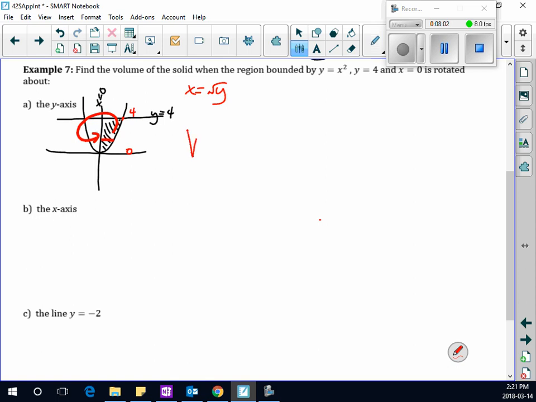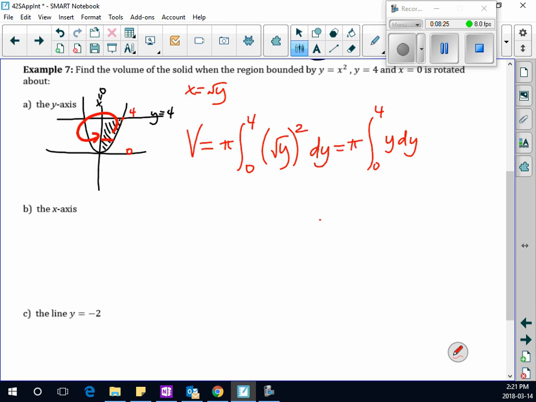So this is just going to be a disk from 0 to 4 of square root of y squared dy, which would be pi from 0 to 4 of y dy. So for speed, I'll just give you the answer, 8 pi.